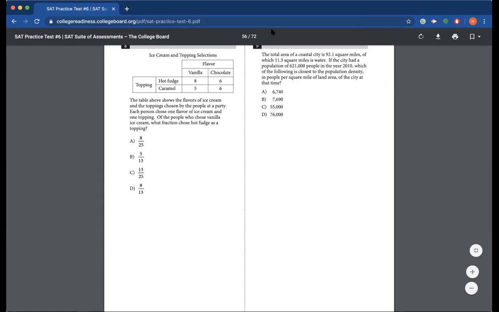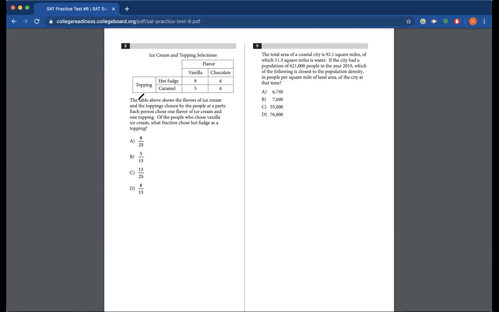Okay. There we go. Okay, so here, let's start again. The table above shows the flavors of ice cream and the toppings chosen by each person at a party. Each person chose one flavor of ice cream and one topping.